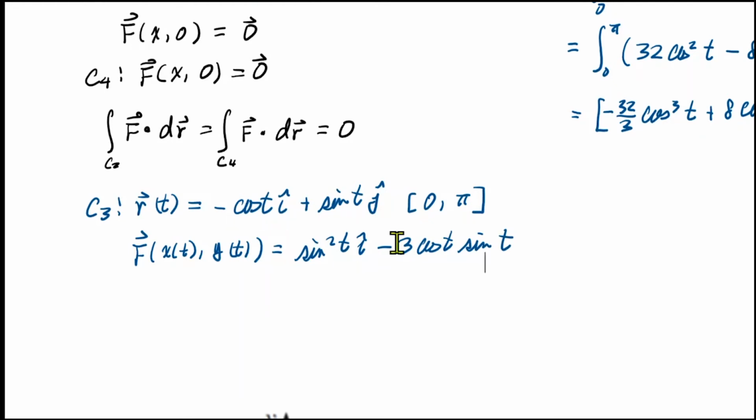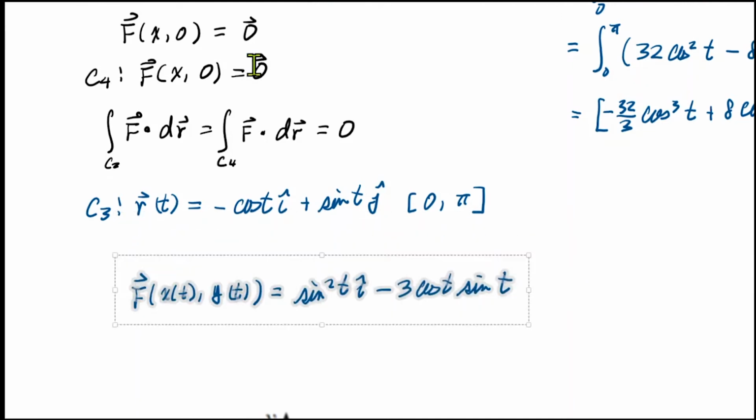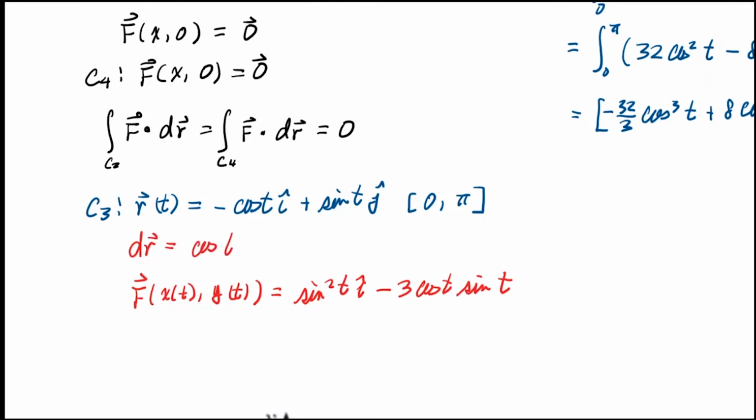Okay, I forgot to take dr, so I'm going to shove this down. Let's take dr here. Dr is the derivative of this, so it becomes positive cosine t i vector, plus the derivative of sine t, which is cosine t, j vector, dt. Good.